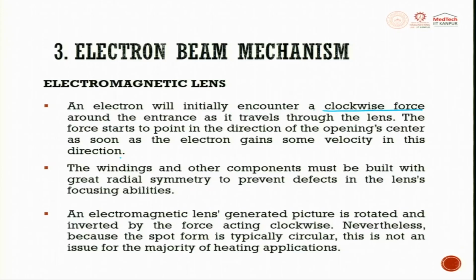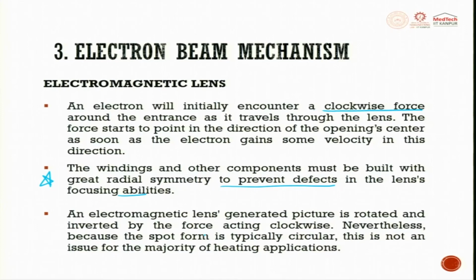The windings and the other components must be built with great radial symmetry to prevent deflection in the lens focusing ability. This is a huge challenge to fabricate, because we are talking about an electron beam and positioning within a few hundred microns, and it should be uniform.